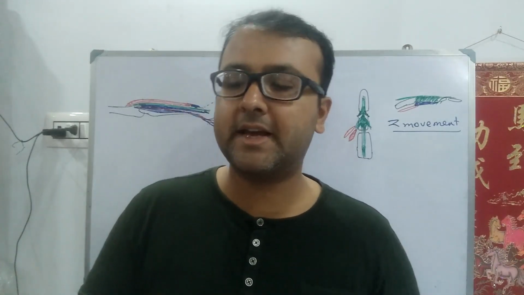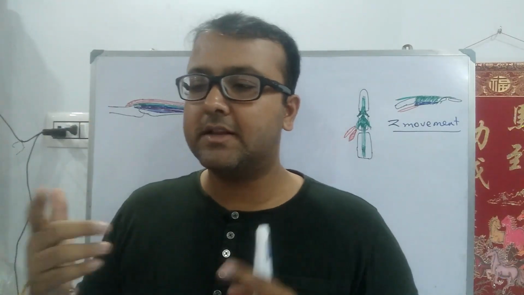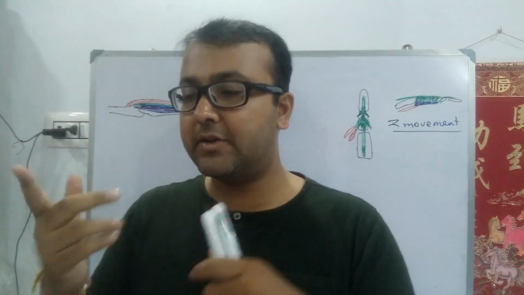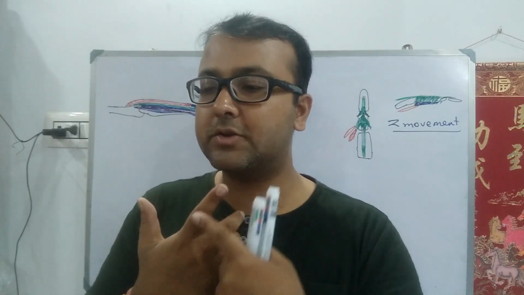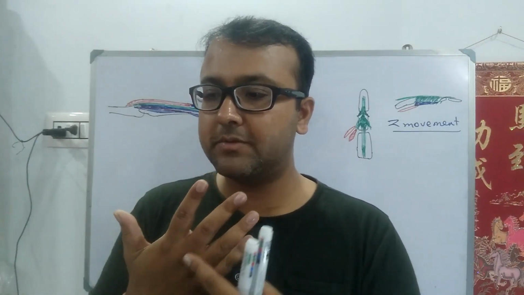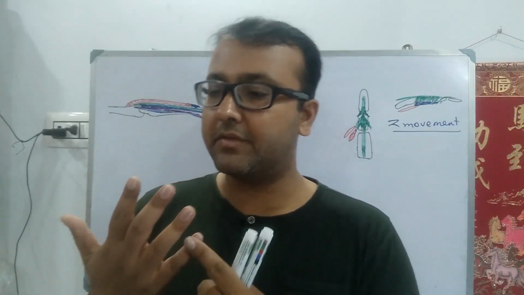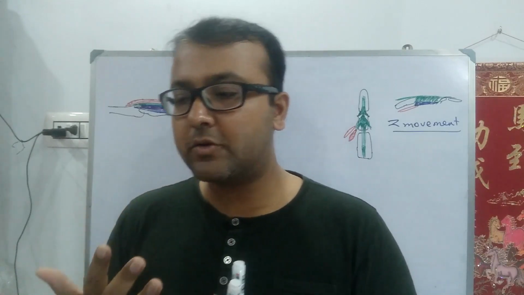So the next one must be extensor carpi radialis brevis. And if you remember, extensor carpi radialis longus goes to the 2nd digit, so brevis goes to the 3rd digit. Now it comes up directly to the fifth. So which one goes over there? It is the minimi.